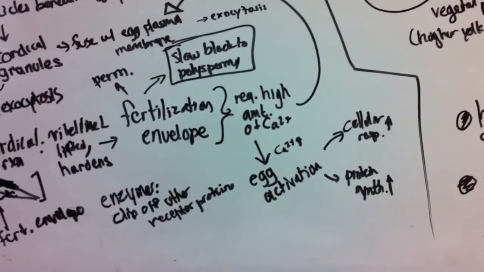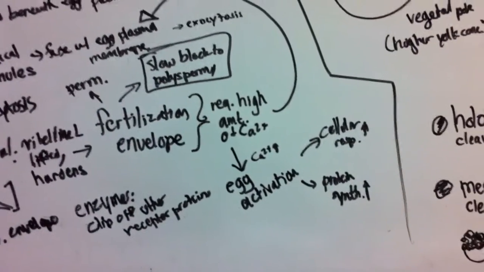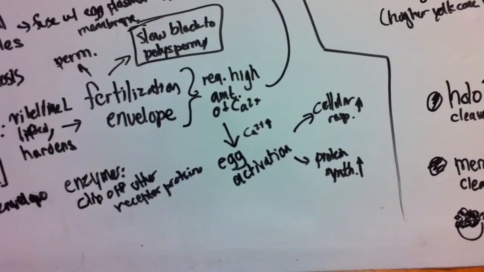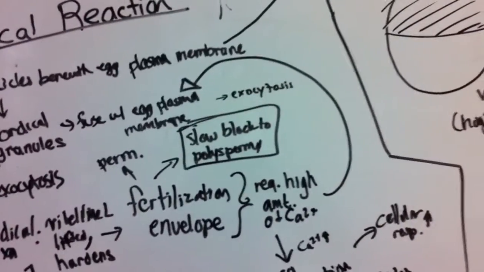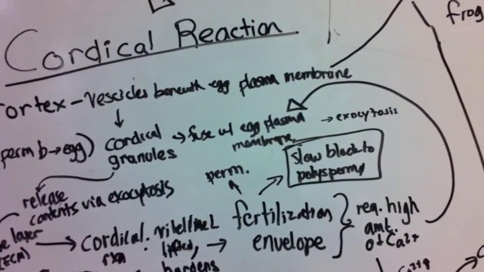Now, the formation of this fertilization envelope requires a high amount of calcium. Calcium is needed for egg activation, and egg activation includes cellular respiration increase and protein synthesis increase as well. So it requires a high amount of calcium to have the cortical granules fuse with the egg plasma membrane.